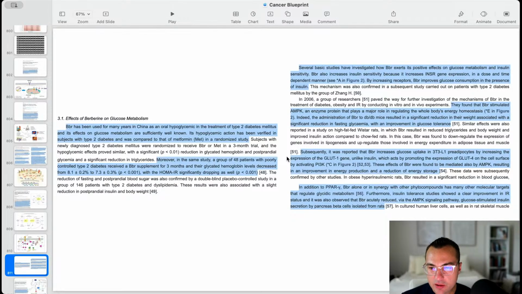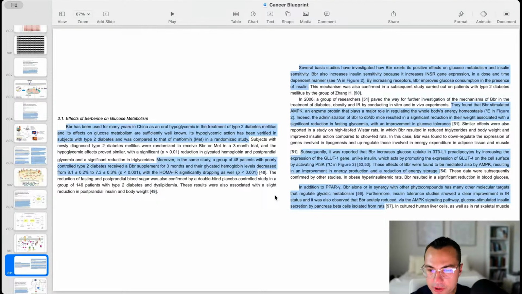These effects of berberine were found to be mediated also through AMPK, resulting in an improvement in energy production and reduction of energy storage. And it says later, in addition to PPAR gamma, berberine alone, or in synergy with other phytocompounds, has many other molecular targets that regulate glycidic metabolism.